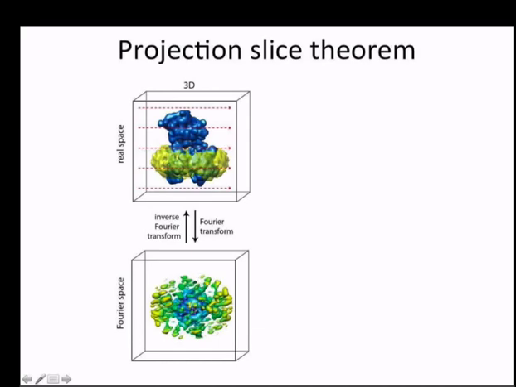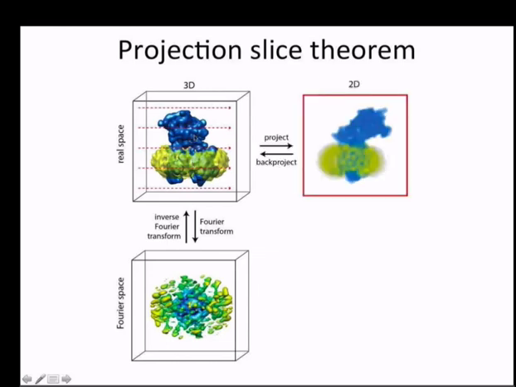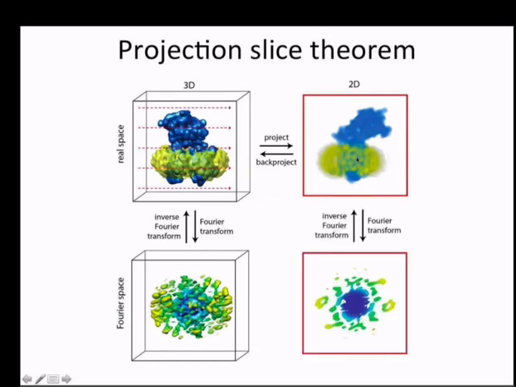You go back and forth, and it's just a different expression of the information in real space or in Fourier space, the Fourier space being a summation of many sine waves. Now, a two-dimensional projection of the three-dimensional map, for example in the direction of this red dotted line, gives you a two-dimensional projection image. For a two-dimensional projection image, you can do the same as for the three-dimensional map, that is calculate the Fourier transform. And again, you can go back and forth between Fourier space and real space.